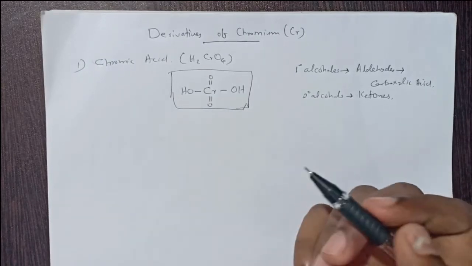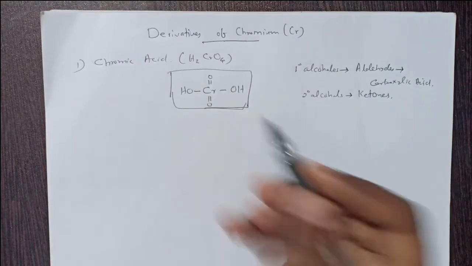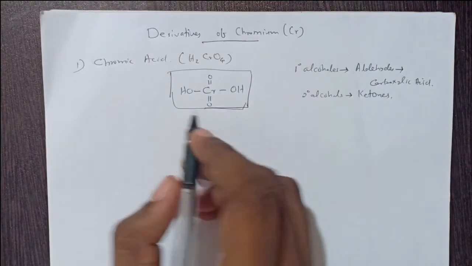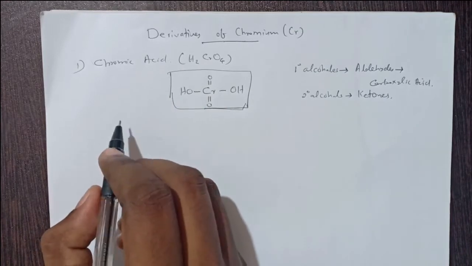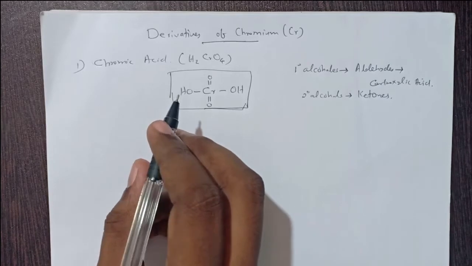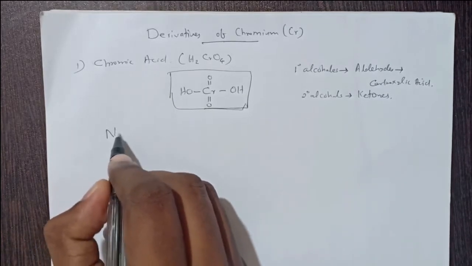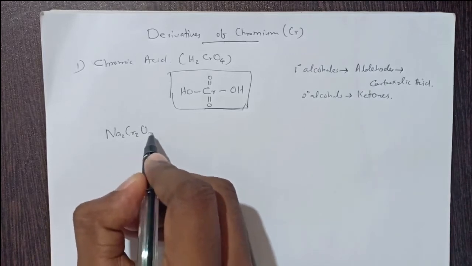Then how can you prepare this chromic acid reagent? You can prepare it by dissolving sodium dichromate in a mixture of sulfuric acid and H2O. That is sodium dichromate, Na2Cr2O7.